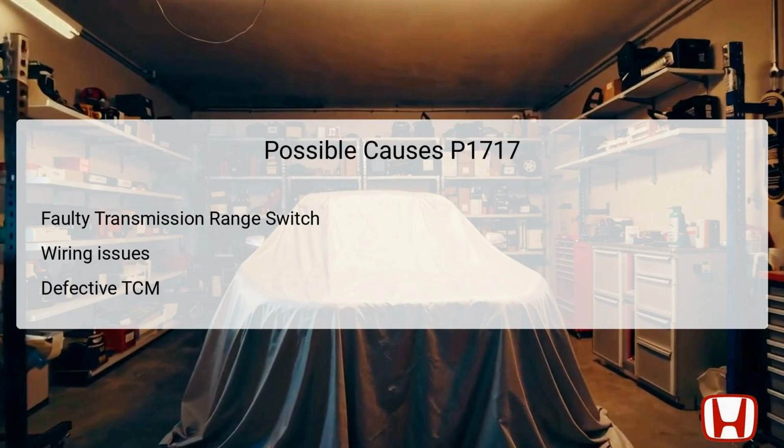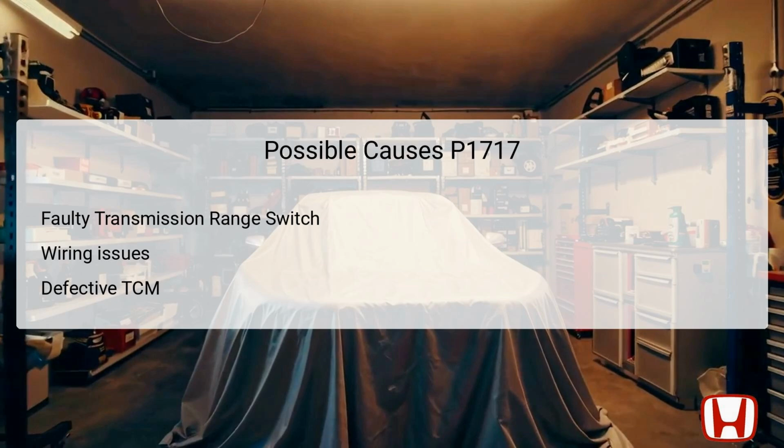A faulty transmission range switch is one of the primary suspects. It may fail due to internal damage or wear, leading to incorrect signals being sent to the TCM. Wiring issues, such as broken or frayed wires, can also disrupt the ATP RVS signal, causing it to short or open, which incorrectly indicates the transmission's position.